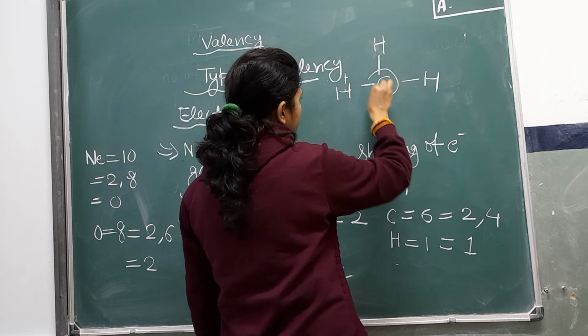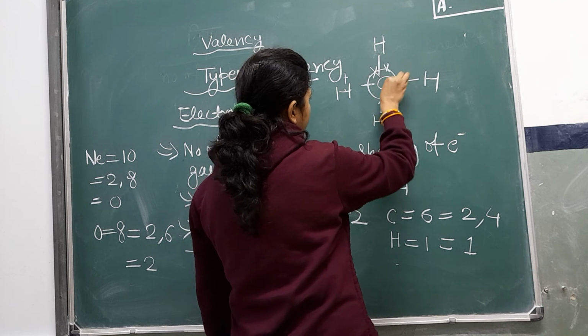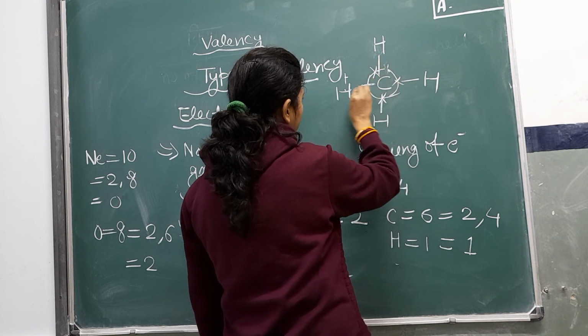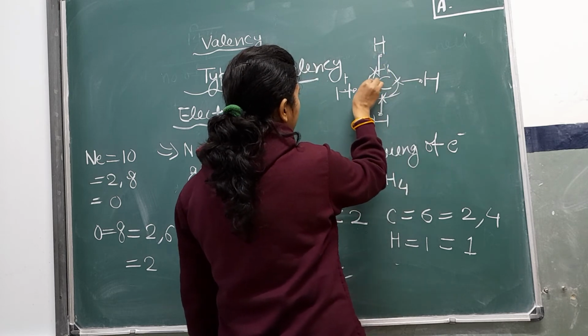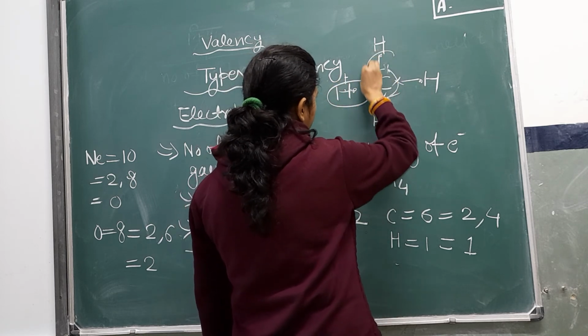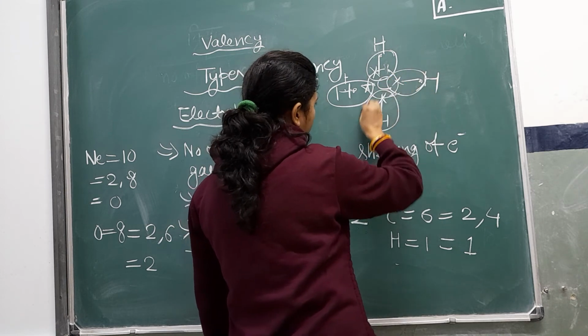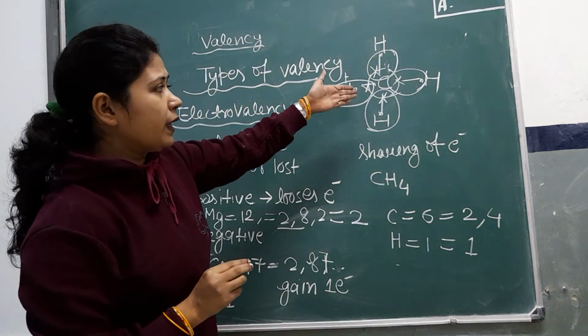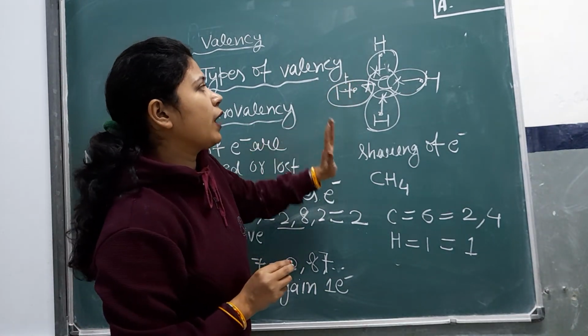The carbon has 4 electrons in the outermost shell and the hydrogen has 1. So this 1 will be shared by carbon, and the hydrogen will have 2 now, and the carbon will complete its octet with the 4 electrons of hydrogen.